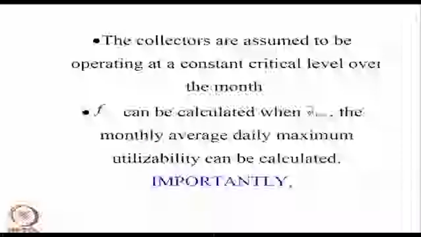So, if you calculate the critical level between 12 and 18, there will be good variation. Consequently, my utilizability may be different on different days, at least as far as the ambient temperature is concerned. However, the differences when averaged, once again, one may be an underestimate and the other may be an overestimate. Consequently, my phi bar max corresponding to T A bar may be an acceptable number, but somebody can verify these things.